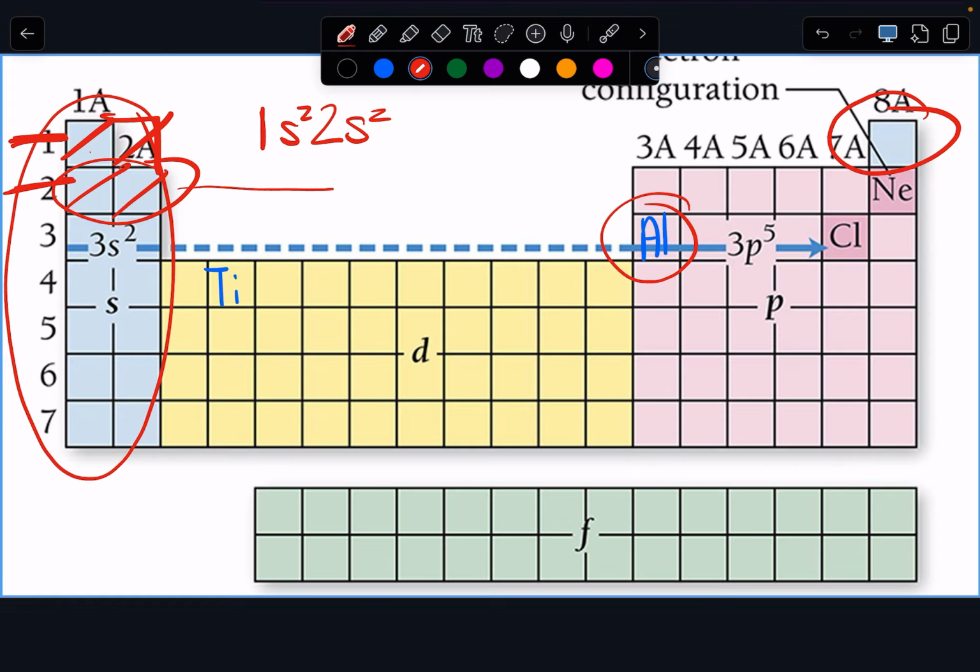We go all the way across. We're still in the second row, and we haven't had anything weird yet with the D's. So we're in the second row, and now we're in the P block, and there's 1, 2, 3, 4, 5, 6. This is where you should start to feel little shivers.